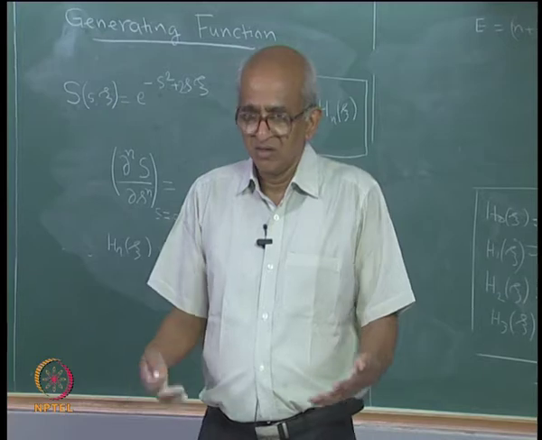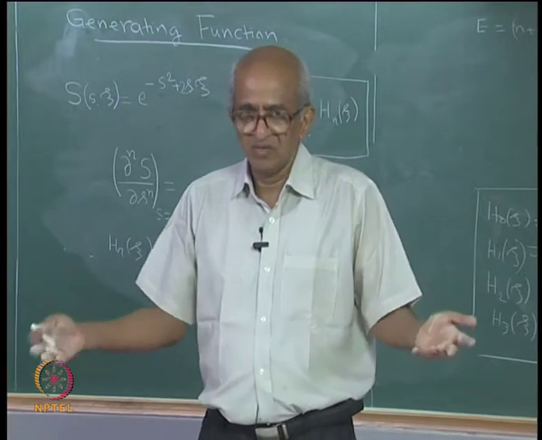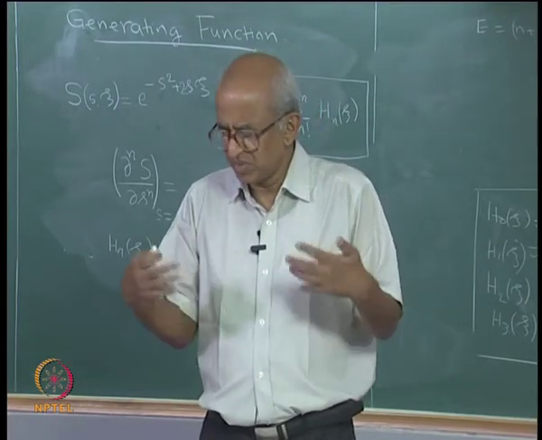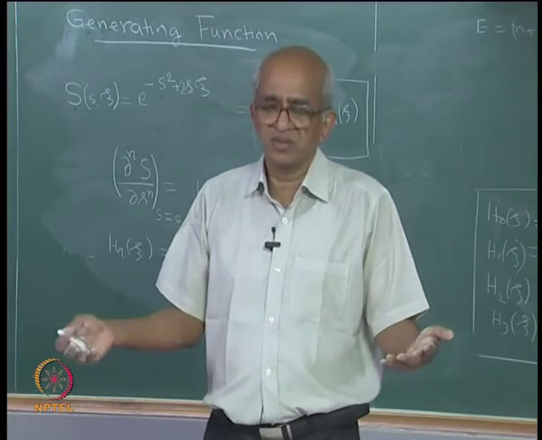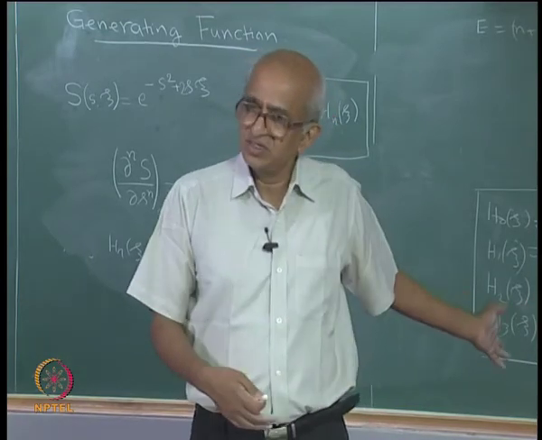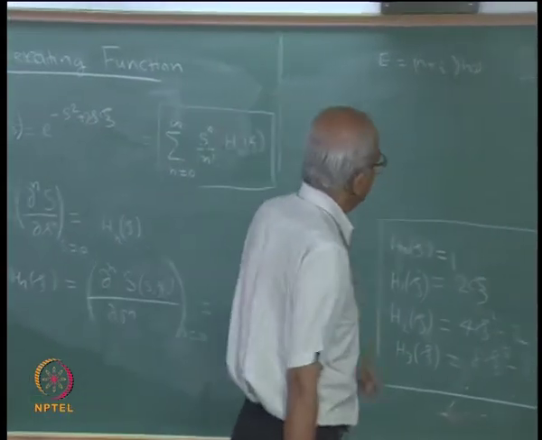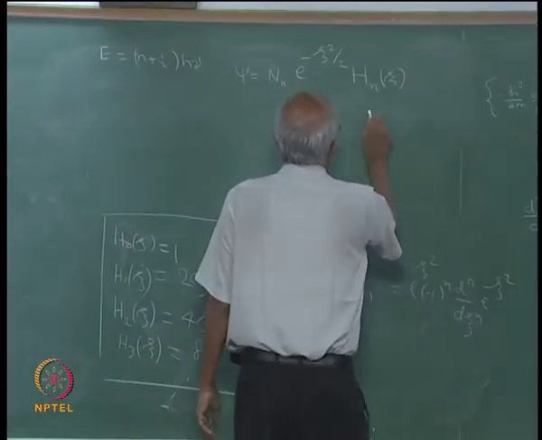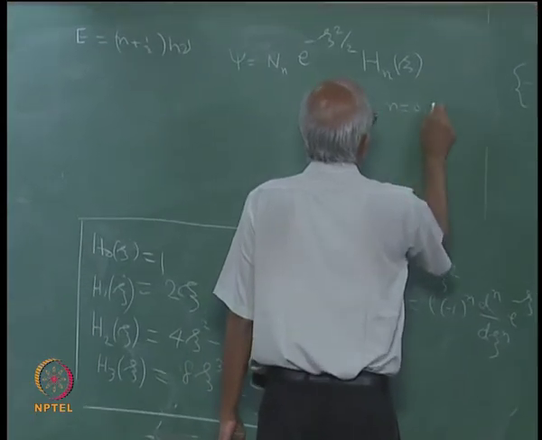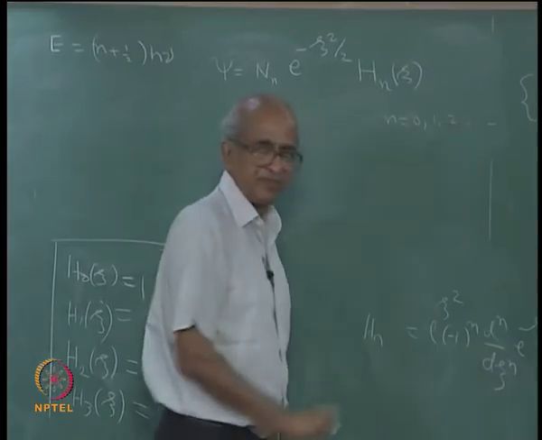It was there in the solution. When I imposed the condition that the wave function is acceptable, I automatically got this number. The solution was dependent upon that number, and in the case of the harmonic oscillator, it can take on the values 0, 1, 2, 3, etc.